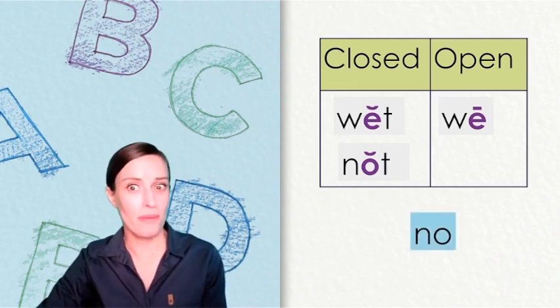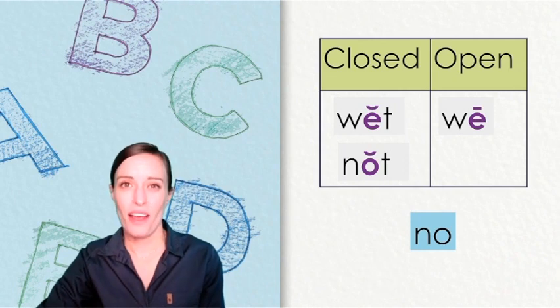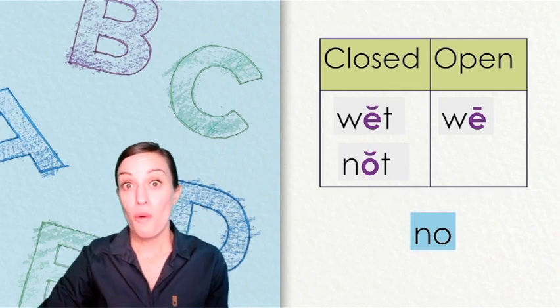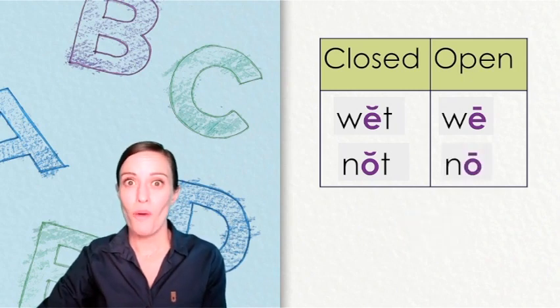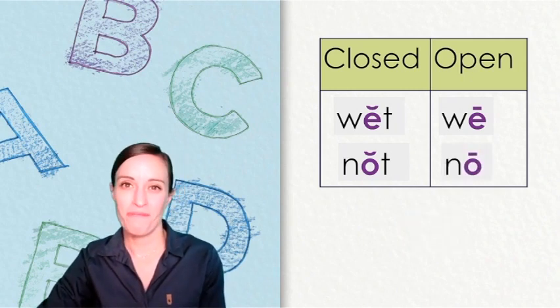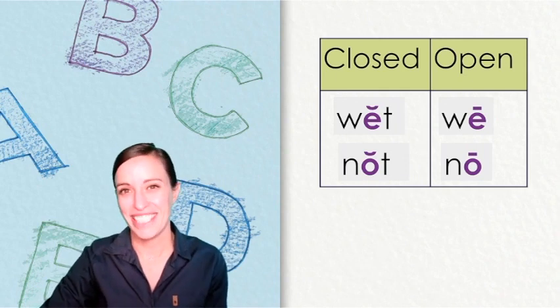Now let's look at this word. What does it say now? That's right. The word is no. Without the T, the door is opened and the O can call out its name. So no is an open syllable. Excellent job sorting those words with me.